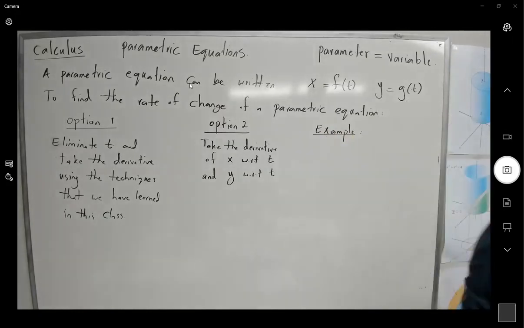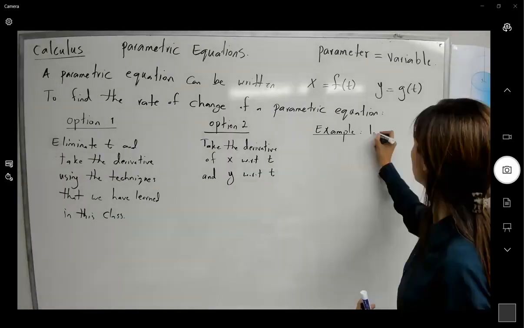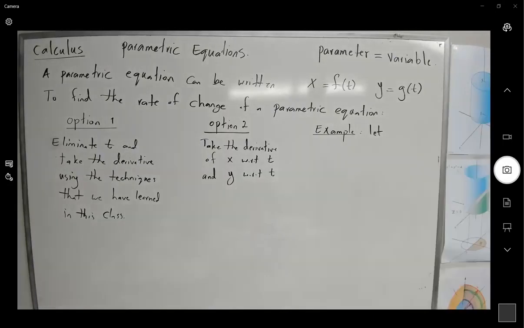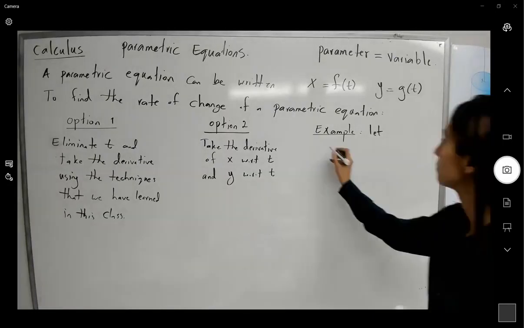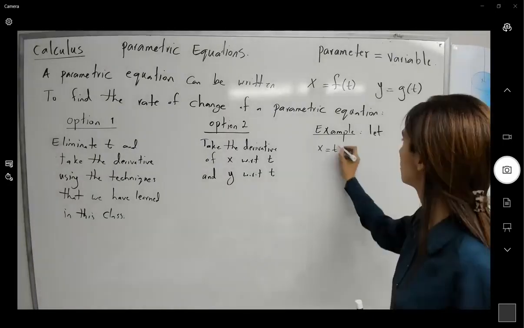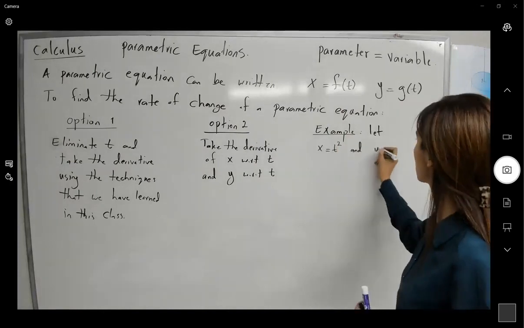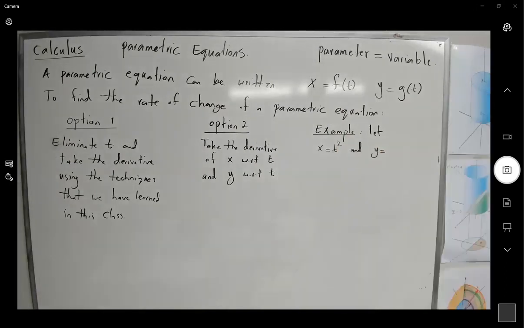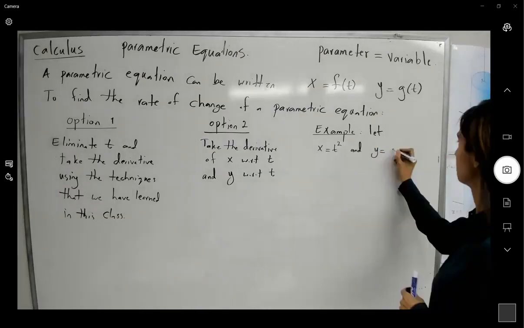let's take a look at the note. Let x be equal to t squared and y be t cubed minus 3t.